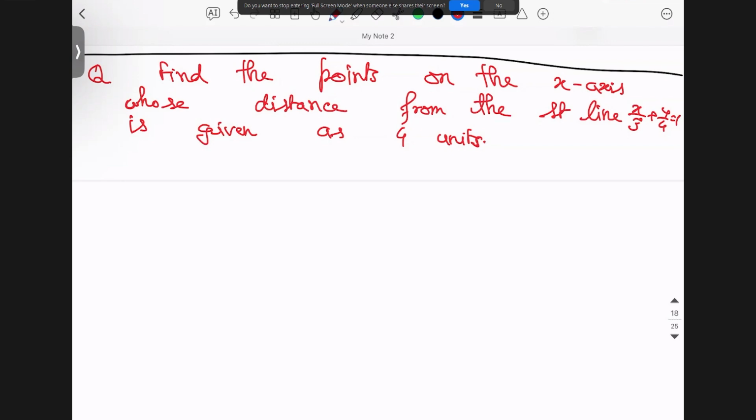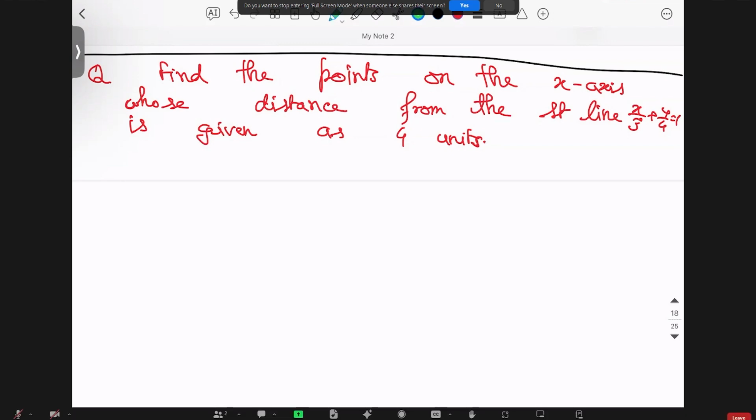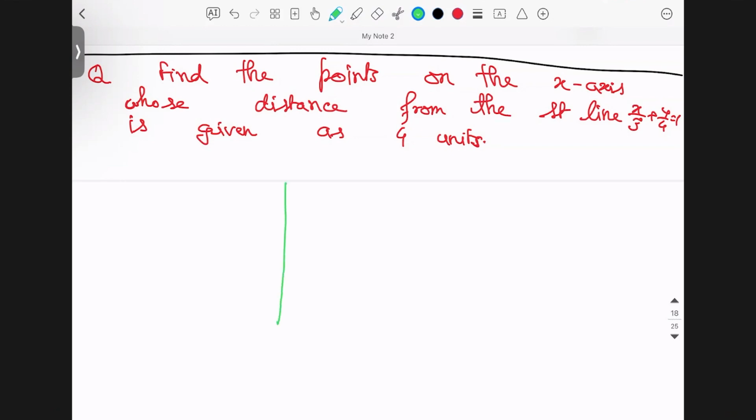Okay, now let us draw the equation first. So if these two are the axes, x and y, the line passes through 3 comma 0 and 0 comma 4. The straight line will be something like this.